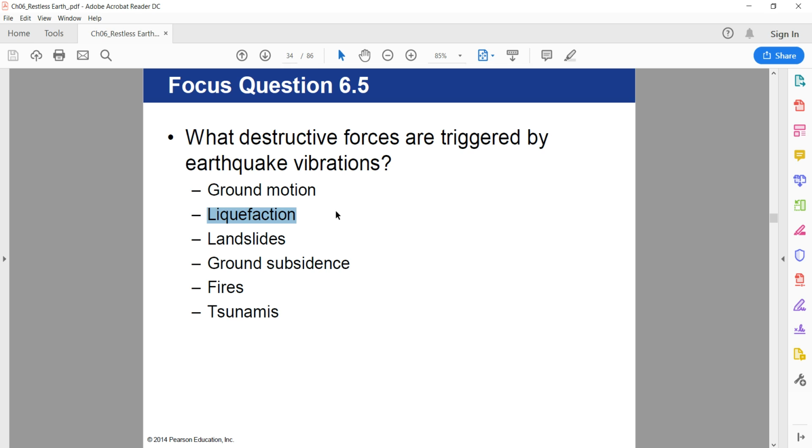to lose its strength. So you have these large engineering structures like buildings, dams, and houses sitting on a foundation, and this foundation a lot of the time is made out of soil. And that soil will become like a liquid.